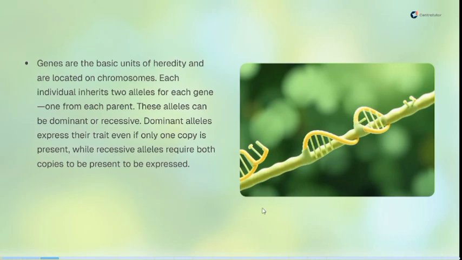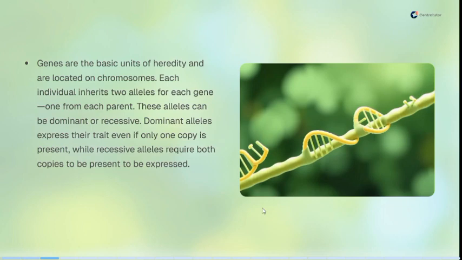So each individual inherits two alleles for each gene, one from each parent. These alleles can be dominant, meaning they are more pronounced in the offspring, or they have more ability to stand out, or recessive, meaning they have less ability to stand out.